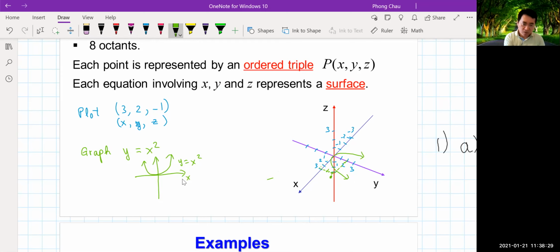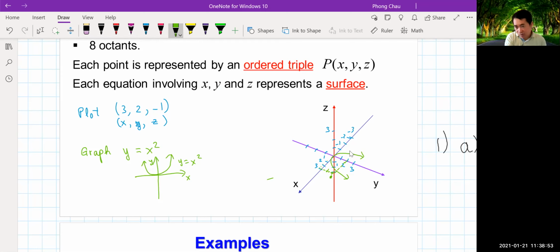But the difference now is that there's no z involved. So that means when z equals 0, z equals 1, z equals 2, you still have the x, y coordinates satisfy this equation. So it's satisfied for every x and y and for every z.